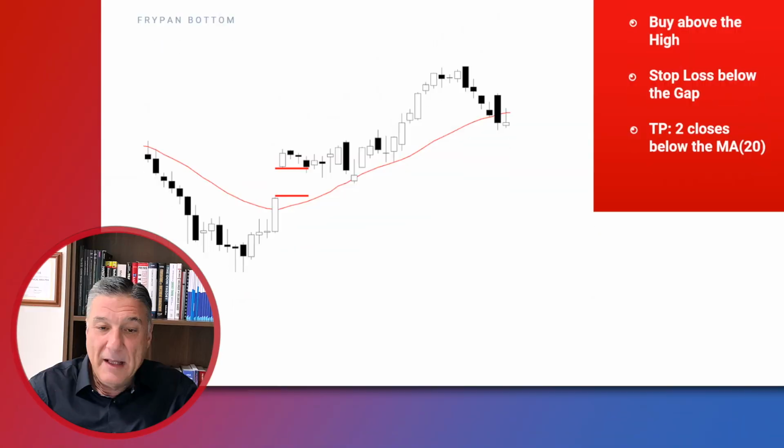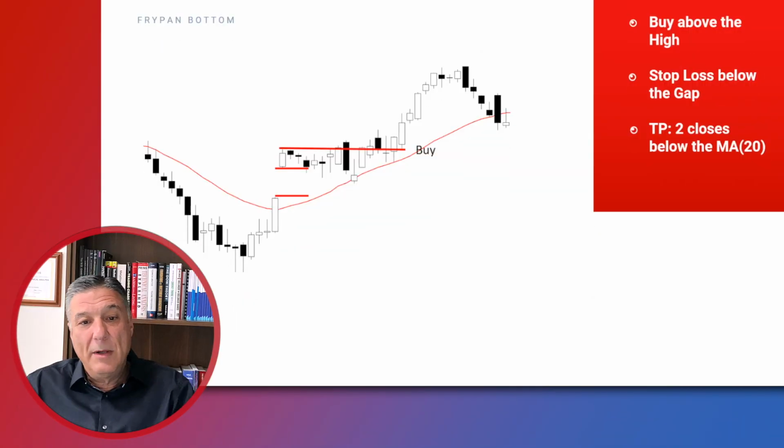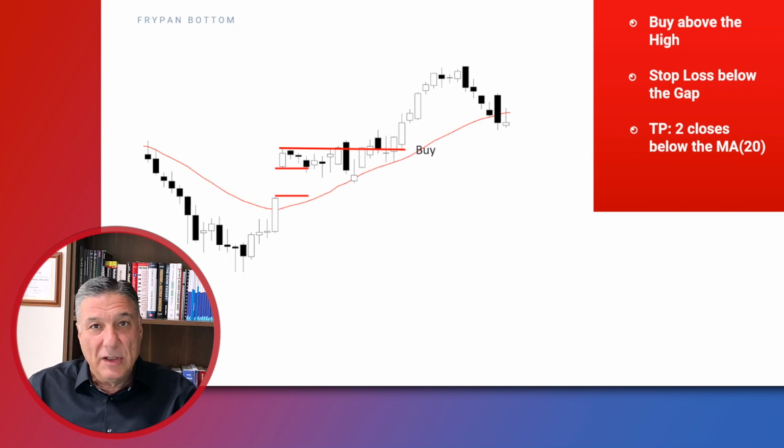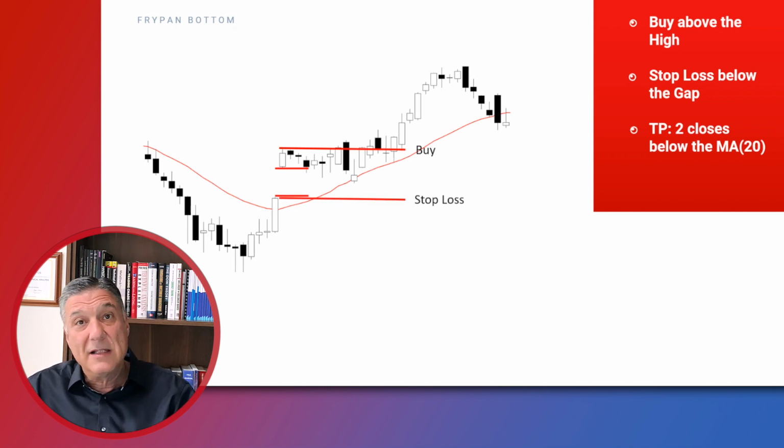Now, one final strategy involving the Frypan reversal pattern. Here we are placing once again a buy order right above the high price of the white candlestick, and a protective stop loss right below the support area. Here I use a 20 period moving average.